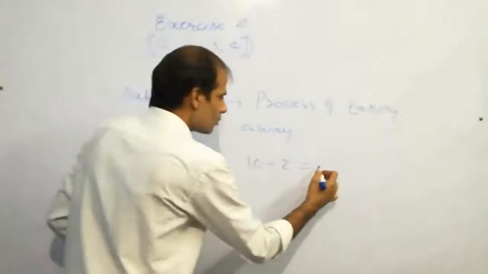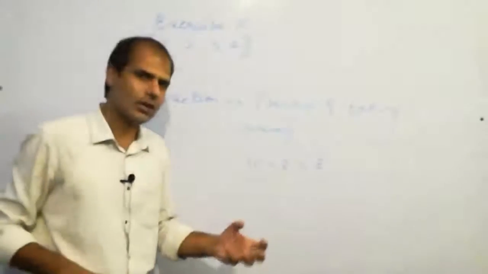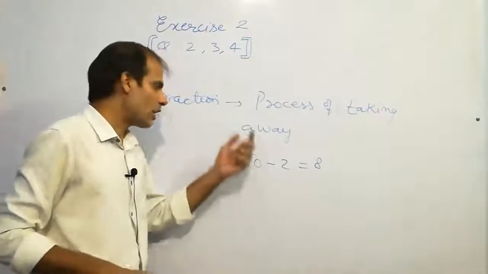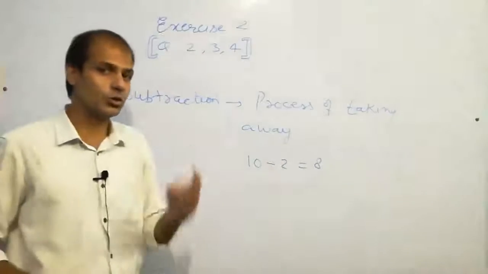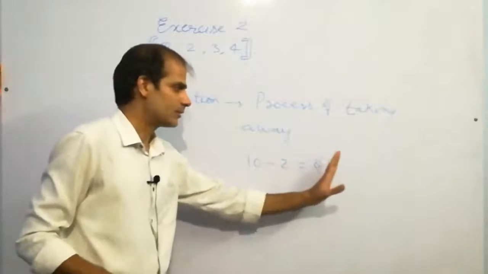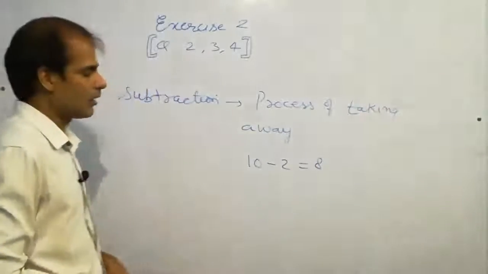So remaining amount will be 8 rupees. Okay, suppose 10 chocolates and 10 rupees whatever. अगर आपके पास 10 चॉकलेट्स हैं और अगर आपने अपने सिस्टर को उसमें से 2 चॉकलेट दी हैं, it means 2 chocolates are taken away and you are left with 8 chocolates.